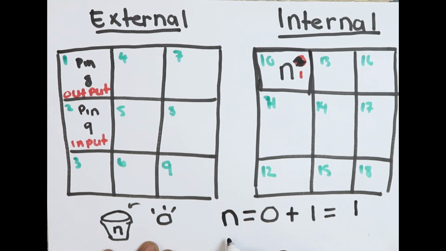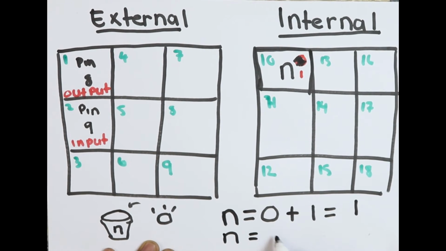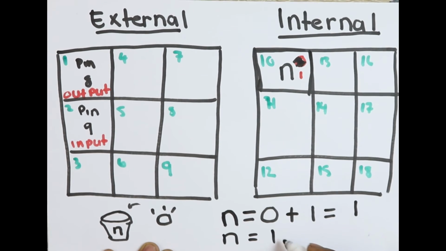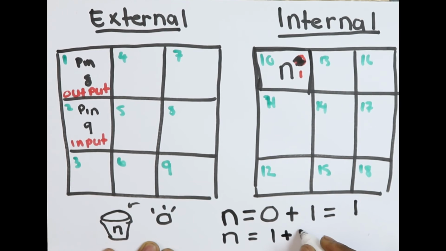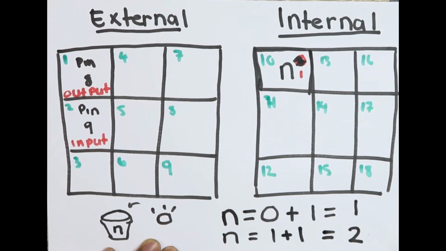Now when it comes back, the value of n is 1. But then it knows that when I come back and the LED goes on, I need to add this by 1. And then 1 plus 1 here equals 2. Then now it goes, okay, now the value of the label n has changed.